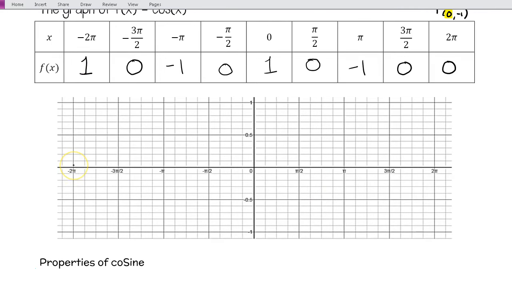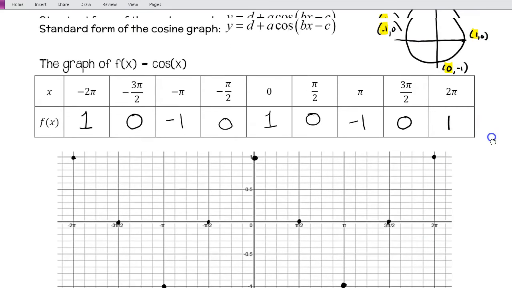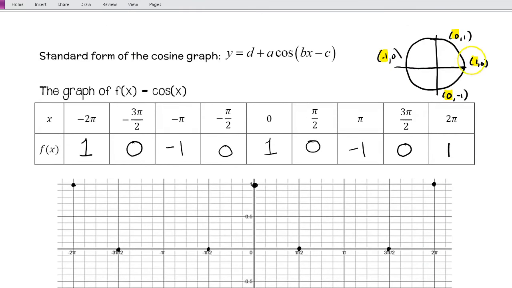I have negative 2 pi, 1; negative 3 pi over 2, 0; negative pi, negative 1; negative pi over 2, 0; 0, 1. So that's going to be a y-intercept there. Pi over 2, 0. Pi, negative 1. 3 pi over 2, 0. And 2 pi, 1, because over here at 2 pi, if we went all the way around, my cosine is 1.